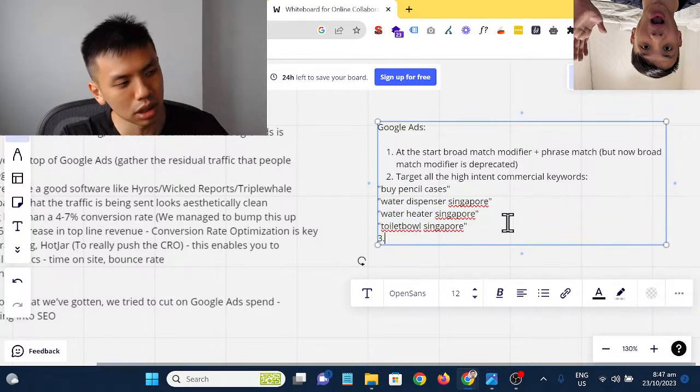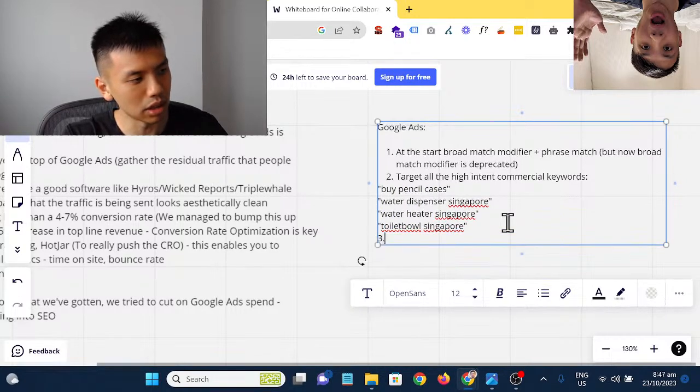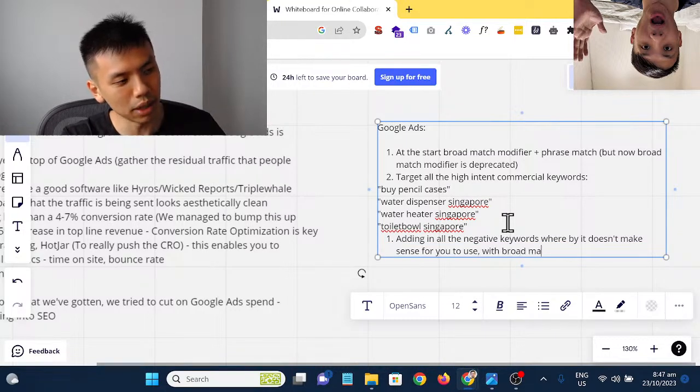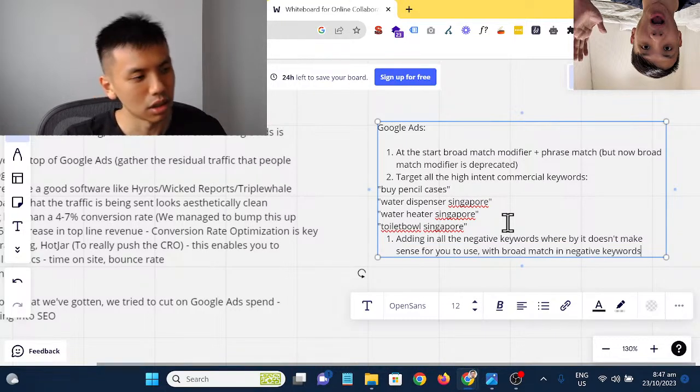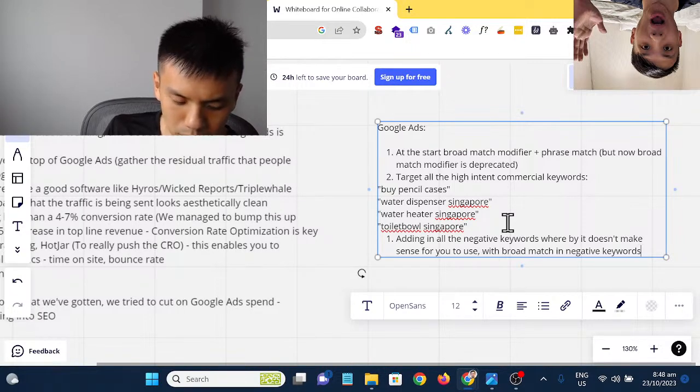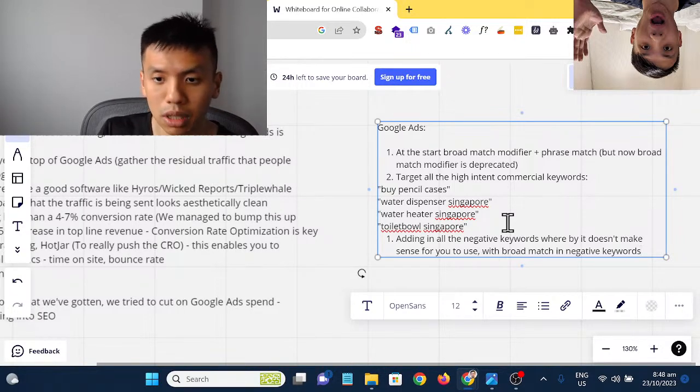Okay, and then of course, adding in all the negative keywords whereby it doesn't make sense for you to use, with broad match in negative keywords, right? And how adding in negative keywords is gonna help is in terms of just ensuring that people don't see your ads when you're typing in something that's irrelevant.